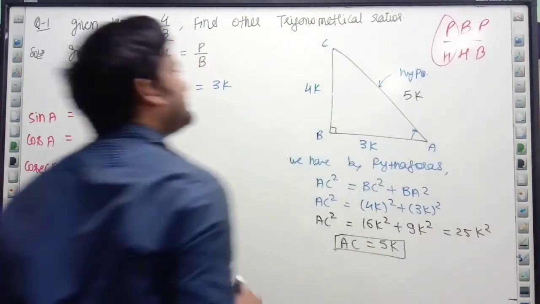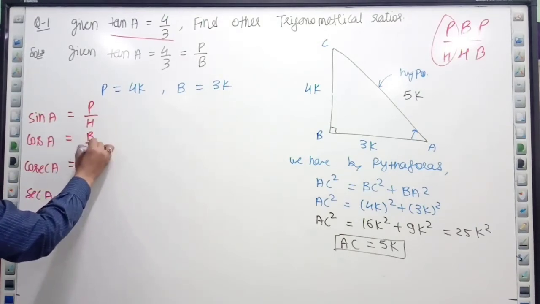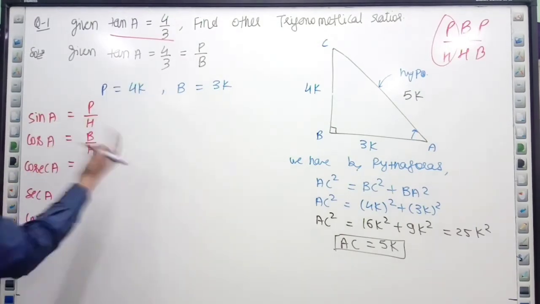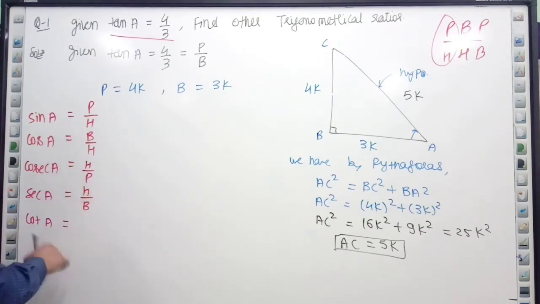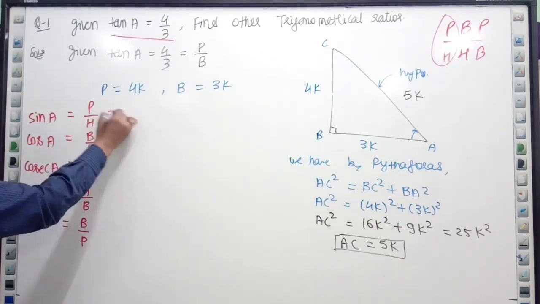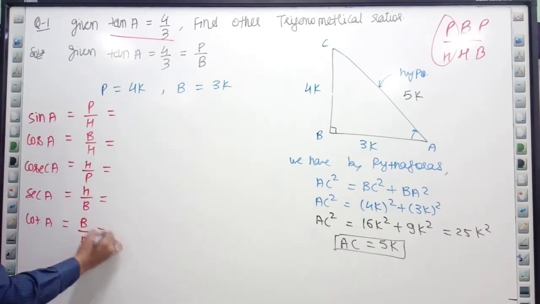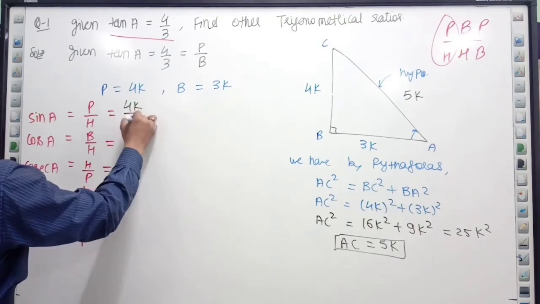Sin is P by H, cos is B by H, tan we already have, cosec is the reciprocal of sin, sec the reciprocal of cos, cot the reciprocal of tan, B by P.